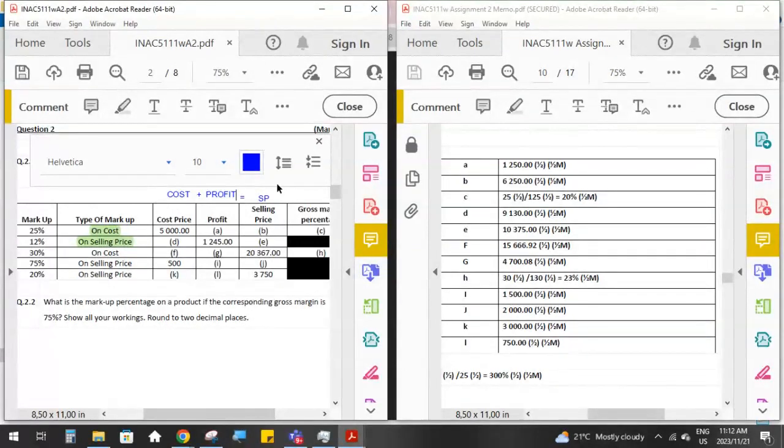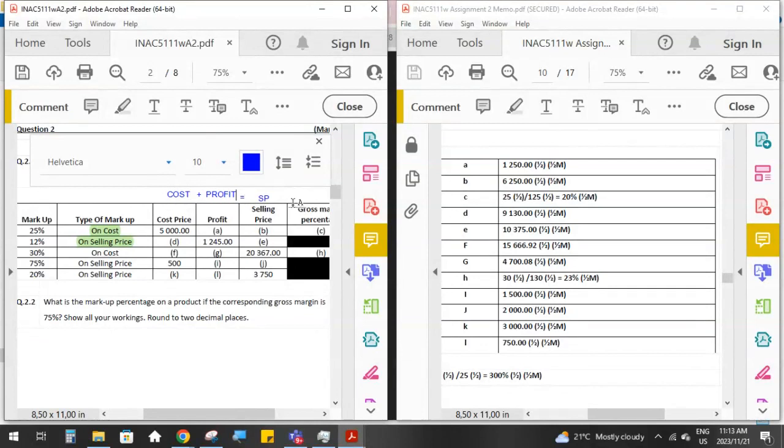So our selling price is always what those goods cost us to either purchase or manufacture, plus the add-on that we want to make a profit for ourselves. So cost plus profit equals selling price. That little calculation will always be exactly the same. Cost plus profit equals selling.